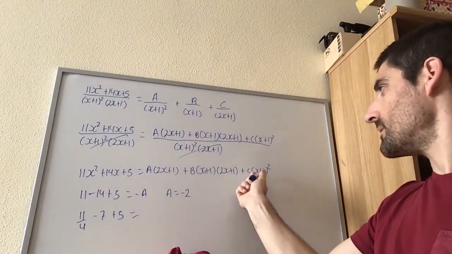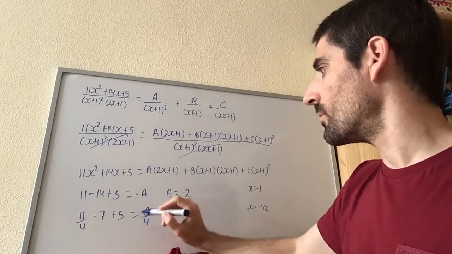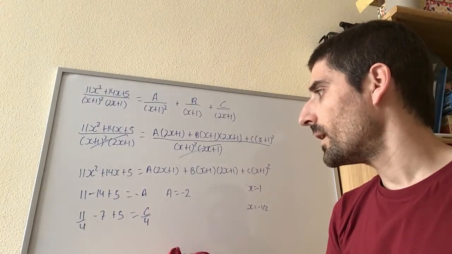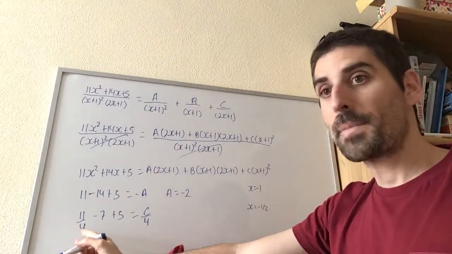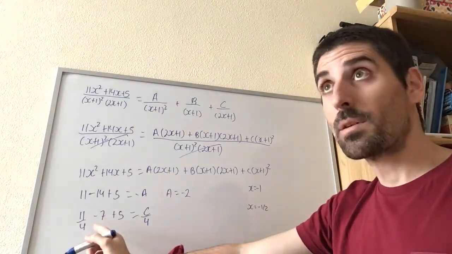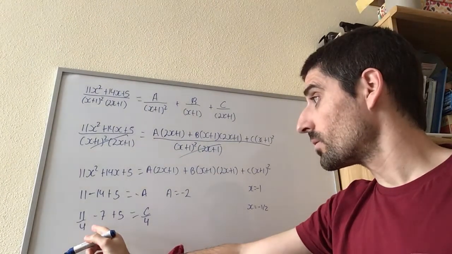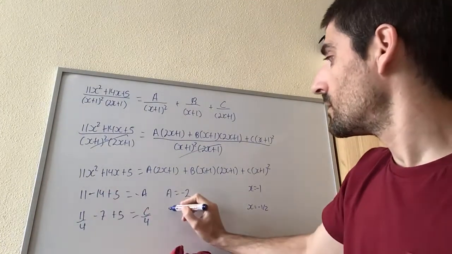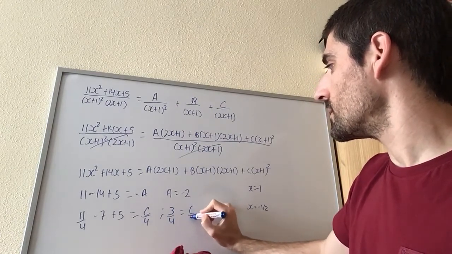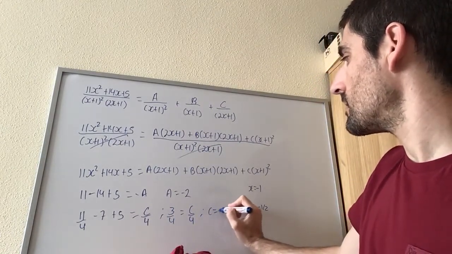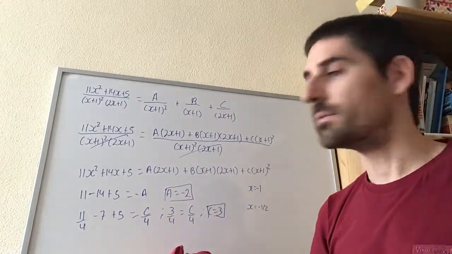Minus a half plus 1 is a half. Half squared is a quarter, so c over 4. So 11 quarters minus 2. 11 quarters minus 2 is 3 quarters. Equals c over 4. So c is 3. c is 3, a is minus 2.